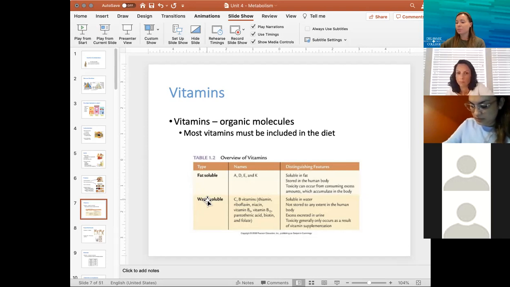These types of vitamins bind to lipids that you've ingested, and they get absorbed with those lipids. And they also get stored in the body with those lipids.